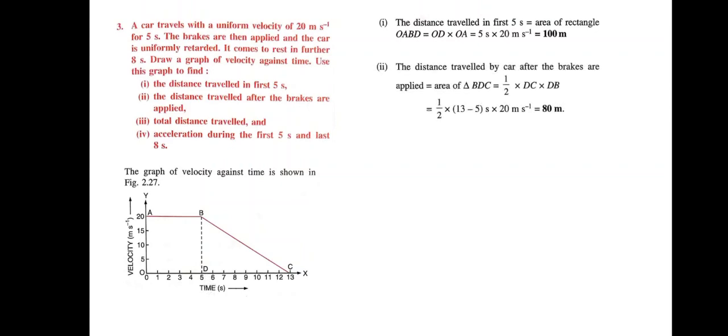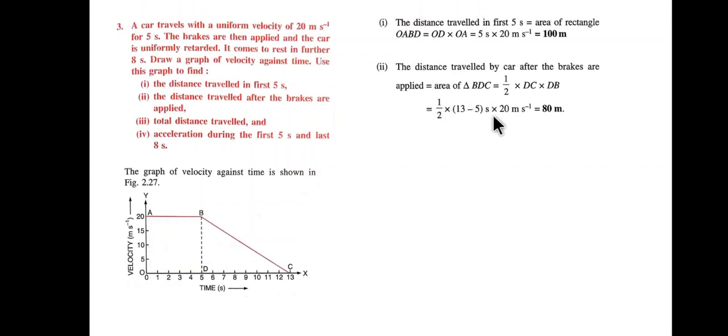In the second case, the distance traveled by the car after the brakes are applied is this triangle. The formula for the area of a triangle is half base into height. Base is DC and height is BD. So half into DC, which is 13 minus 5 seconds, and BD is 20 meters per second.